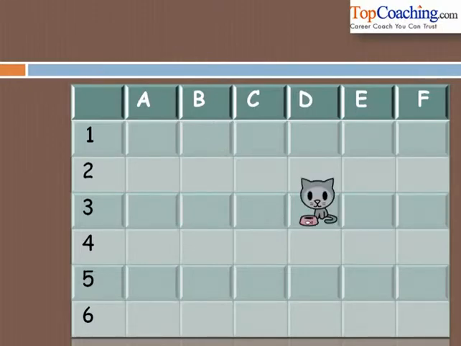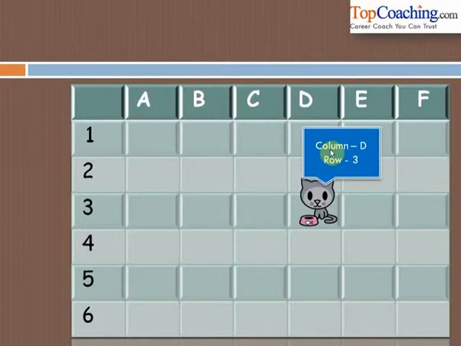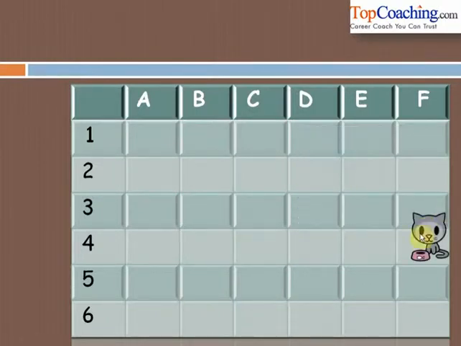We see that this cat has appeared in this block. Now what we observe is the location of this cat is column D and row 3. So this cat appears in column number D and in the row number 3. So what we are going to do now is we are going to hit this cat with a racket. Similarly, now the cat appears here.